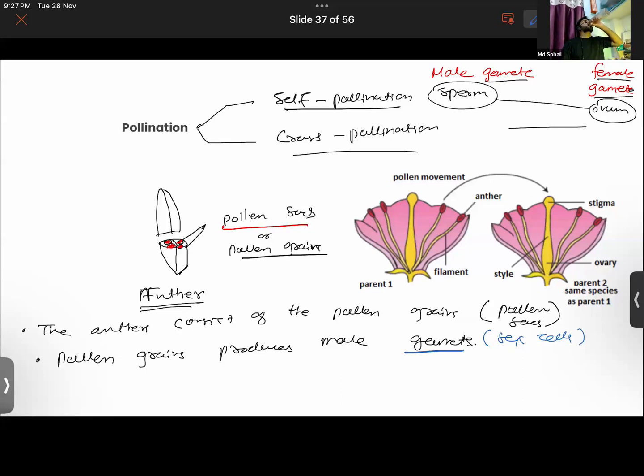Yes, sir. So cross pollination is the process where the pollen grains from the anther of one flower are transferred to the stigma of another flower.